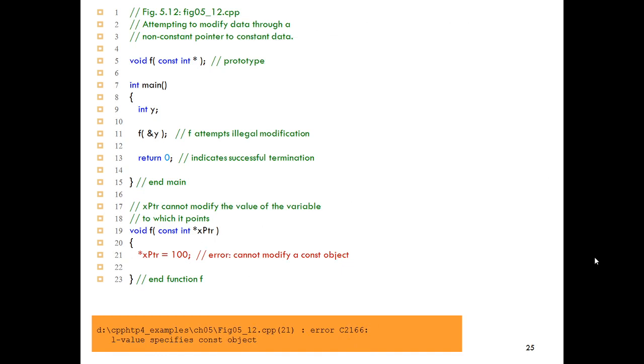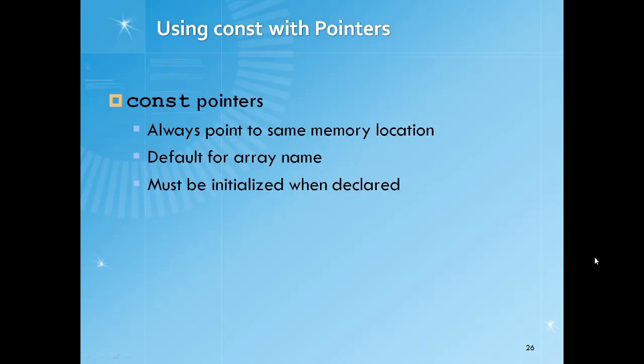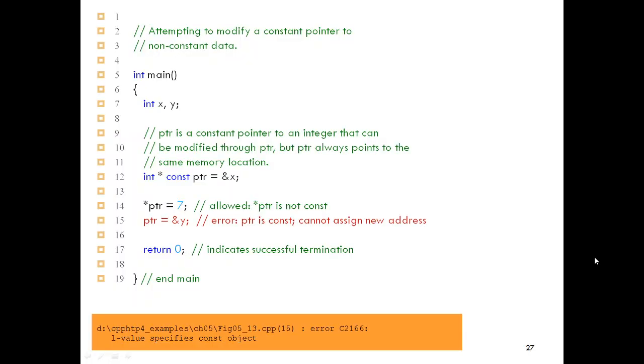Okay. So that's the reason we use const, to give more control over the pointer. Another example: first they assign the address of x to the pointer, then they assign a value through the pointer.